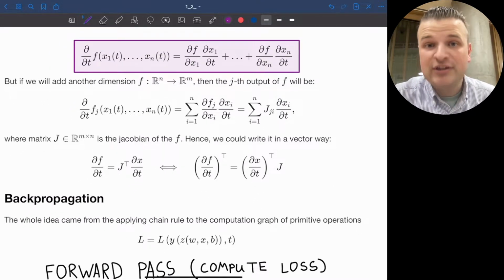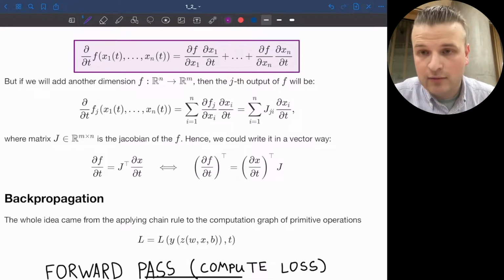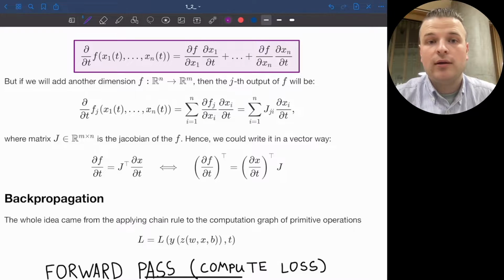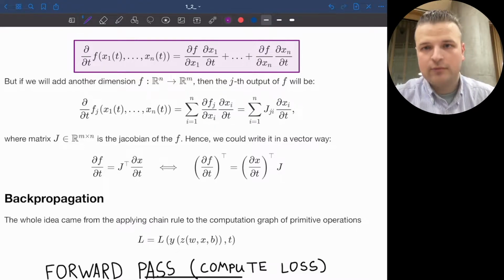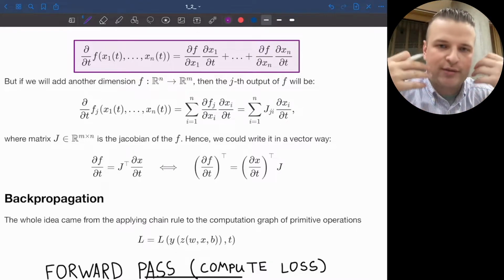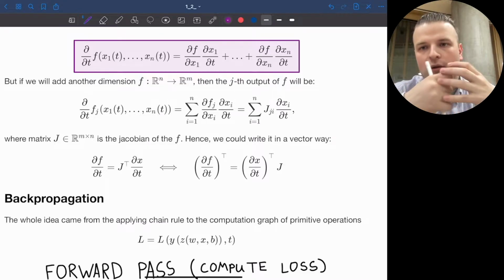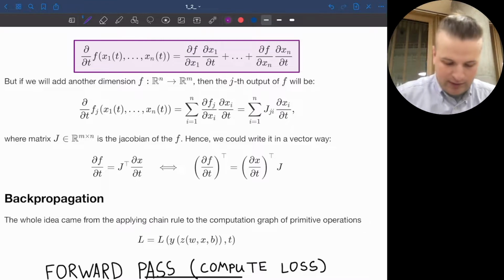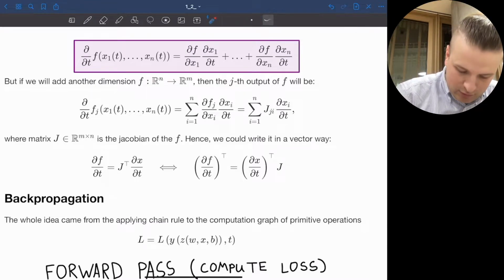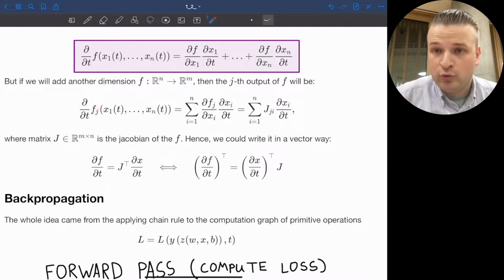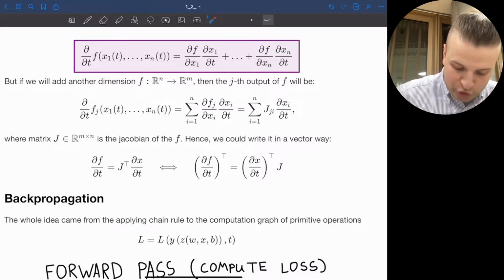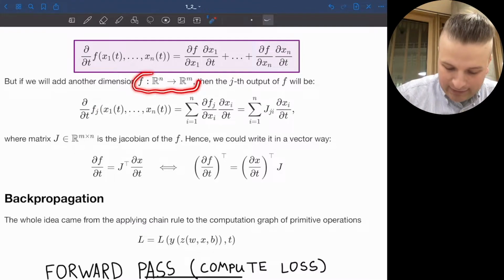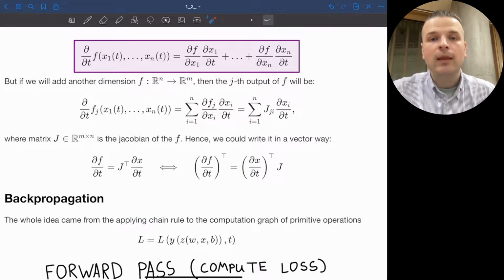And actually, this formula could be easily generalized for the case of vector output. We will write this formula for each output of our function. Say we have j-th output of our function, which now maps from Rn to Rm.